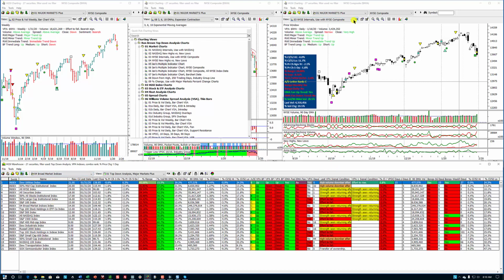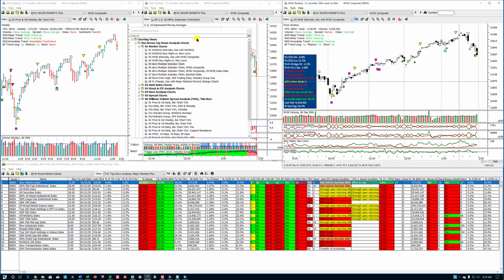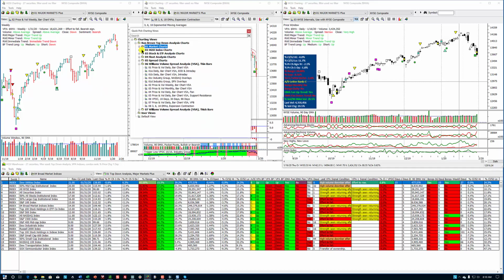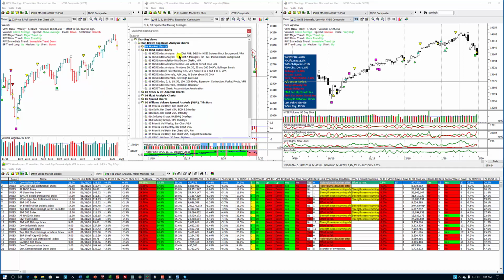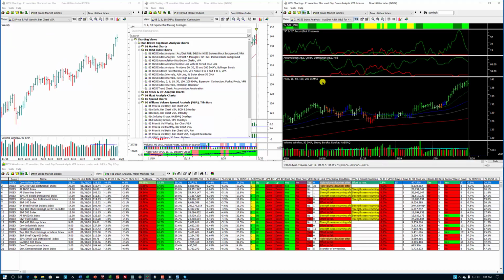Then I open up my quick pick, close market charts, and I go to the HGSI index charts. And then I'll bring up an index. These are indexes, like I said, that are created by HGSI going back 2 years.